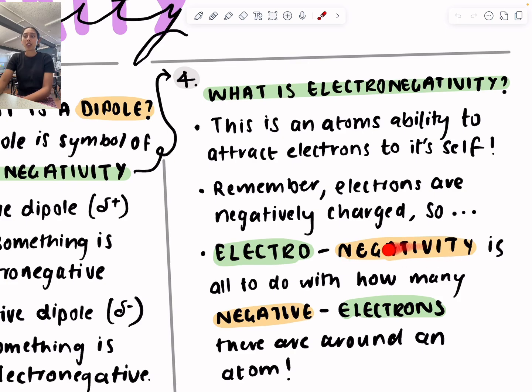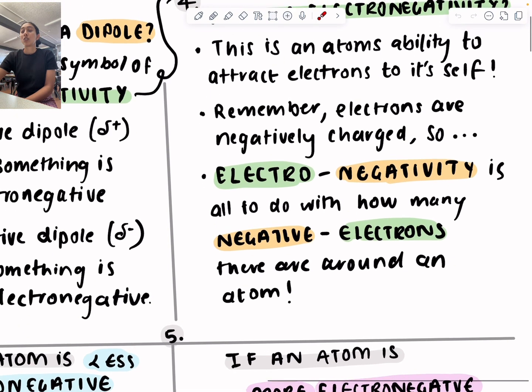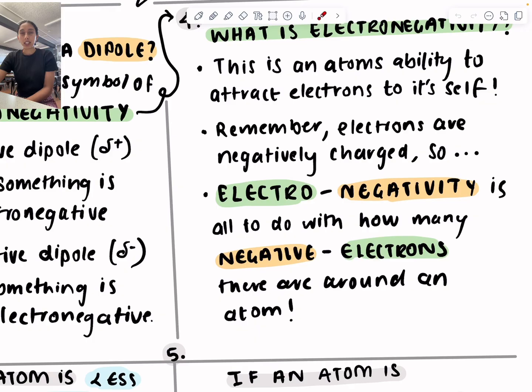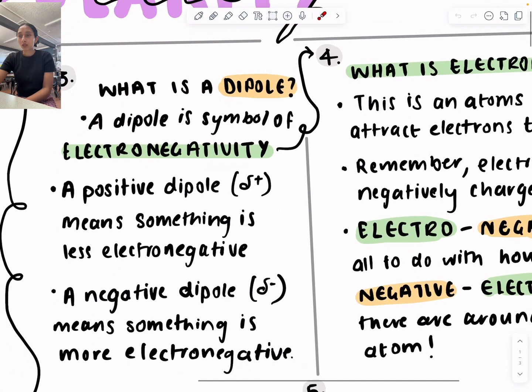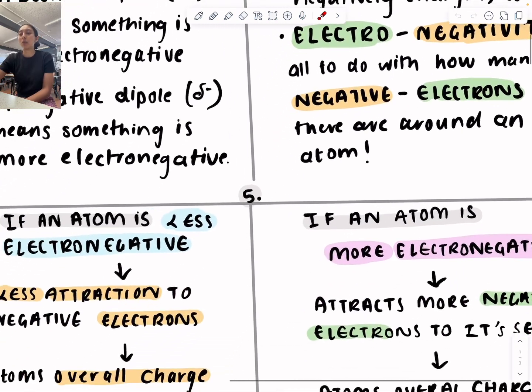And so electronegativity, putting it all together, is an atom's ability to attract electrons, negative electrons. So that's essentially what electronegativity means. But how is it represented by these dipoles? Let's unpack that a little bit more.